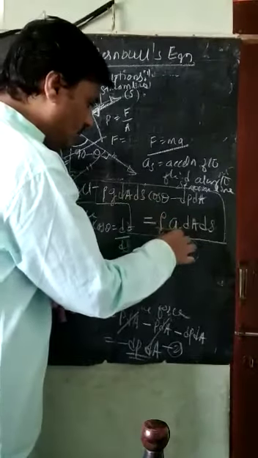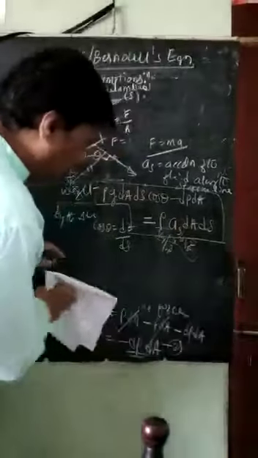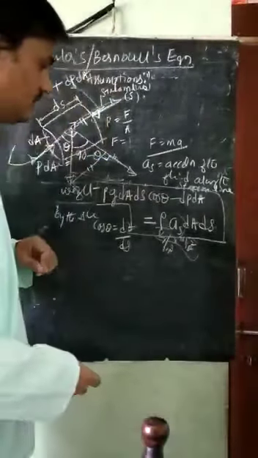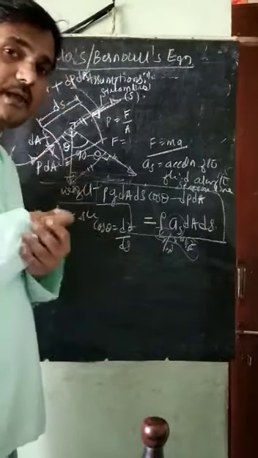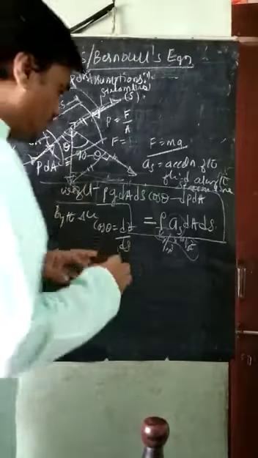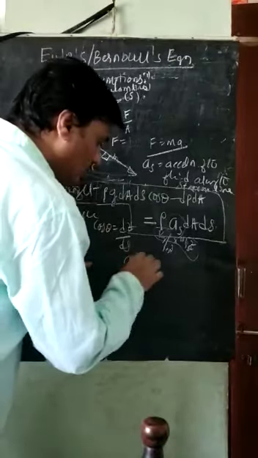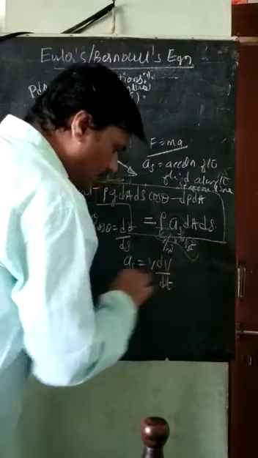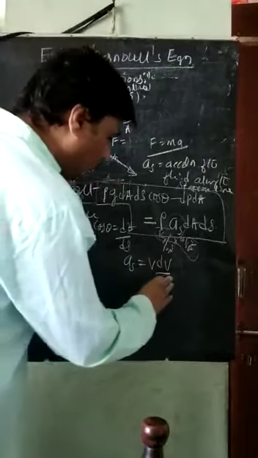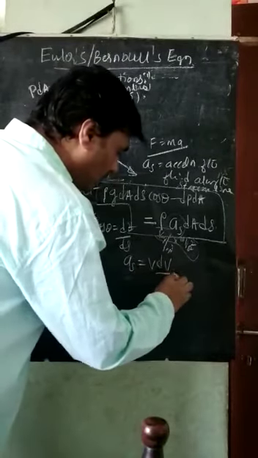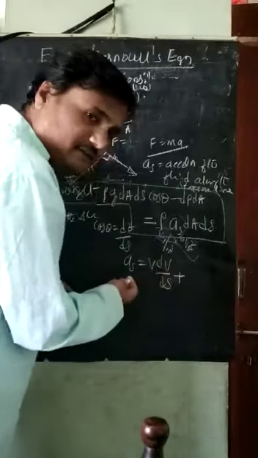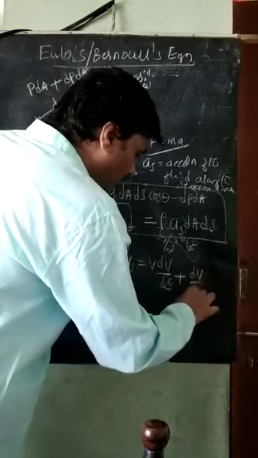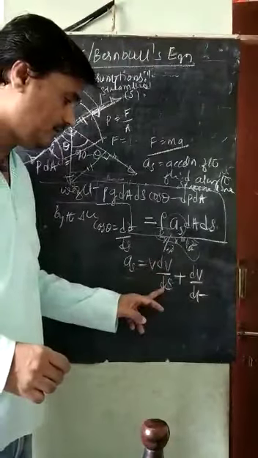The next one is AS, the acceleration along the streamline. From fluid kinematics, which we have studied, AS is equal to V dV by ds plus dV by dt.